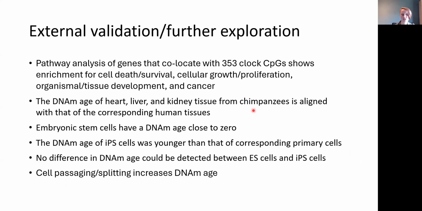Predicted age in iPS cells, so induced pluripotent stem cells, was younger than that of the corresponding primary cells, but no different to embryonic stem cells. And finally, they found that cell passaging or cell splitting, so growing your cells in cell culture, increases the predicted age too. So that's all quite nice, I think, and shows how you can take your model and apply it to different data sets and see how it works within those, which might tell you interesting things either about the things you're trying to predict or about your model itself, and see how well it's doing.